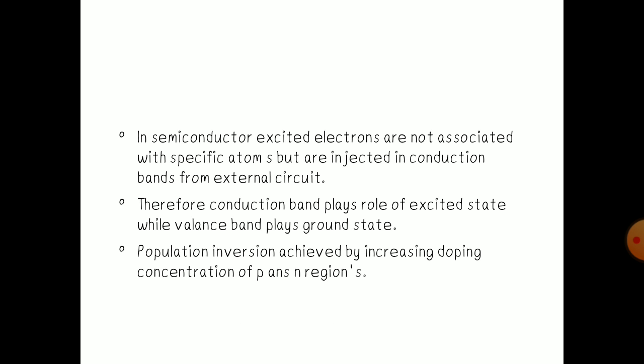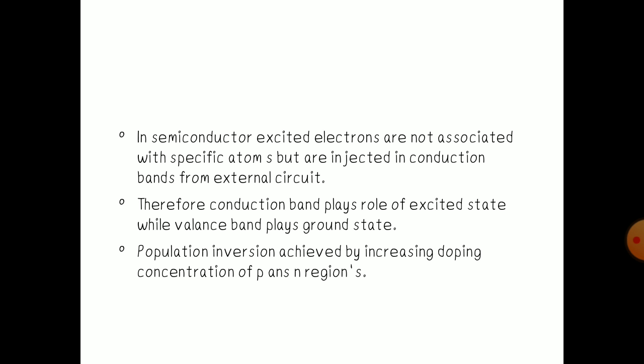If we compare the semiconductor laser with atomic lasers, in an atomic laser there are two types of states, one is the ground state and the other is the excited state. If we compare that with a semiconductor laser, the conduction band and valence band play the role of the excited state and ground state of the atom.